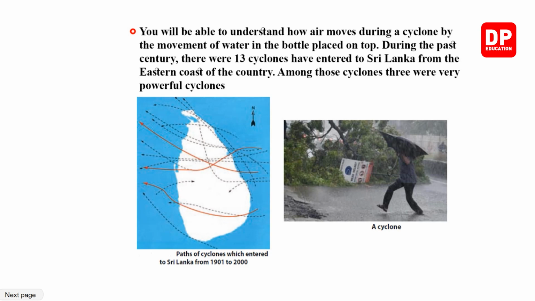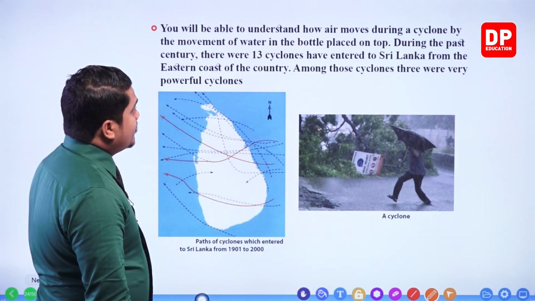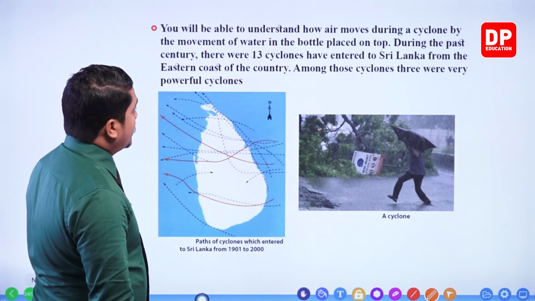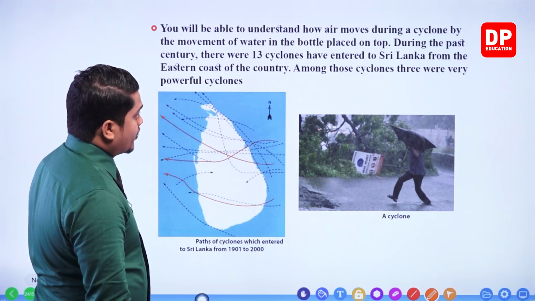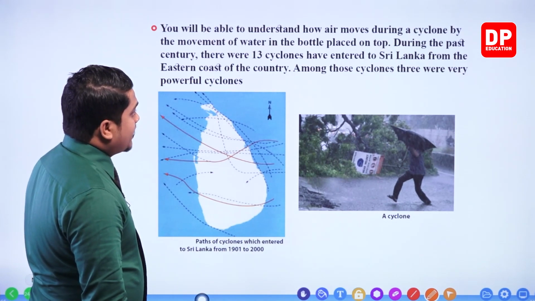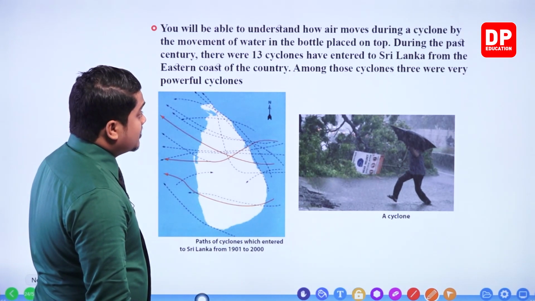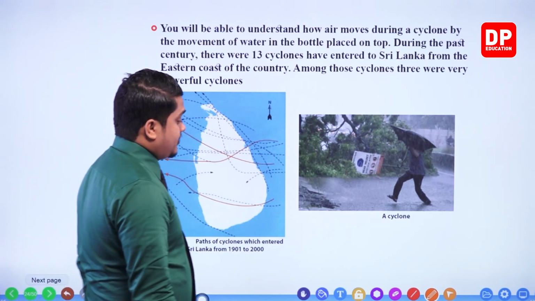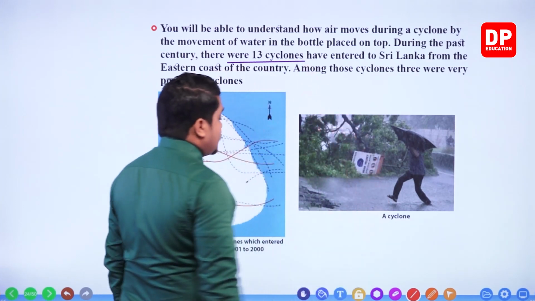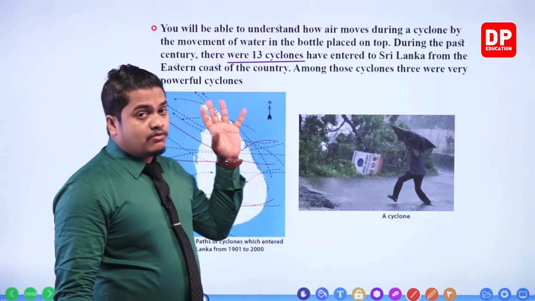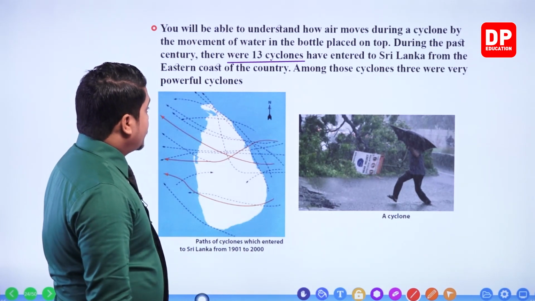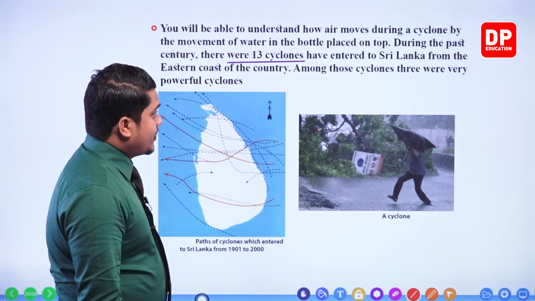You are given in here, you'll be able to understand how air moves during a cyclone by the movement of water in the bottle placed on the top. During the past century, there were 13 cyclones. Around 13 cyclones entered Sri Lanka from the eastern coast of the country.